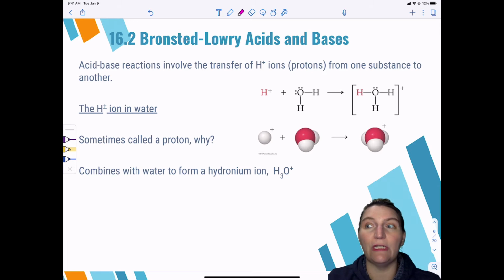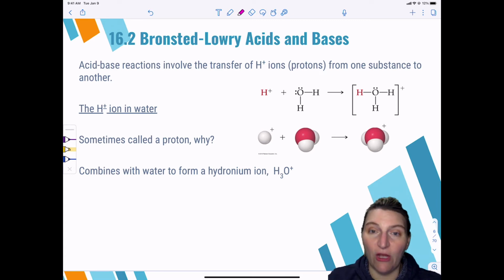They turned litmus paper blue. They tasted bitter. You could measure their pH and it was above 7, but they didn't dissociate to produce OH minus. They did increase the OH minus in solution. That's why they act as bases. But they didn't quite do it the same way that the Arrhenius bases definition worked.